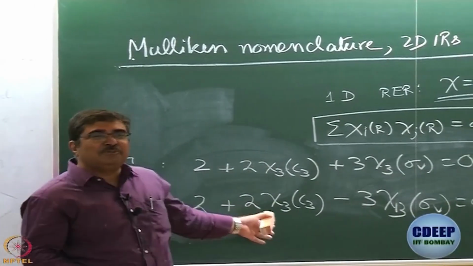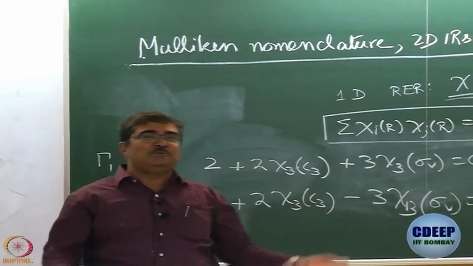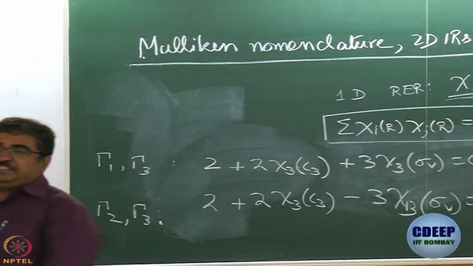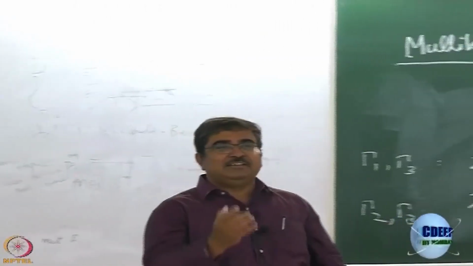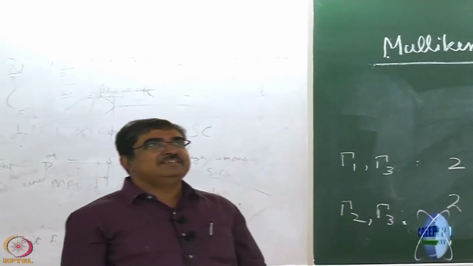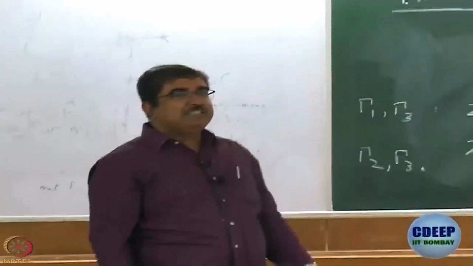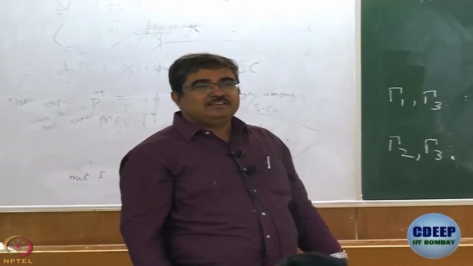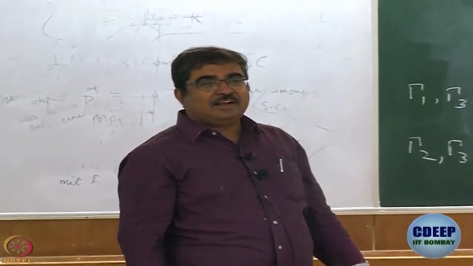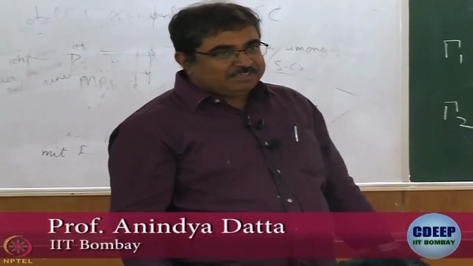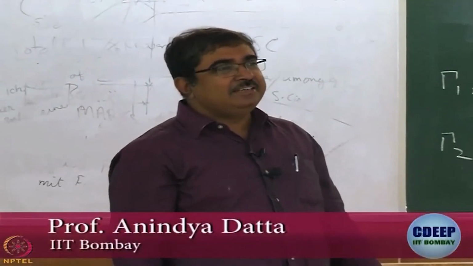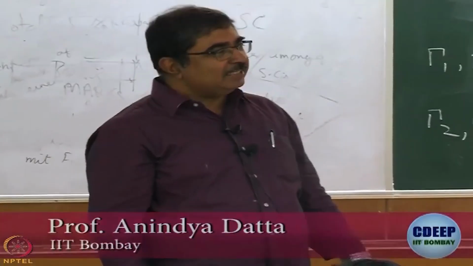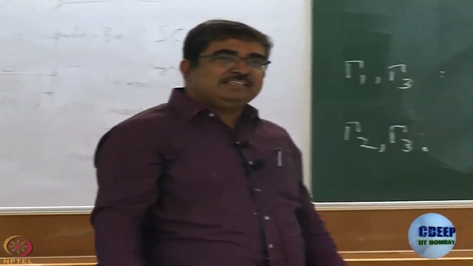If you do not agree, just work out the values. You have 2 equations, you have 2 unknowns. Tell me what is the value of chi3 of sigma V, tell me what is the chi3 of C3. Which one is 0, which one is minus 1? Chi3 of sigma V is 0 and chi3 of C3 is minus 1. Are we in agreement over that, right?